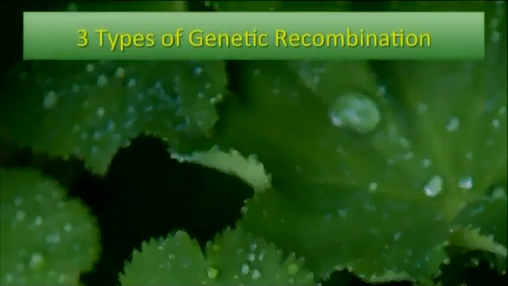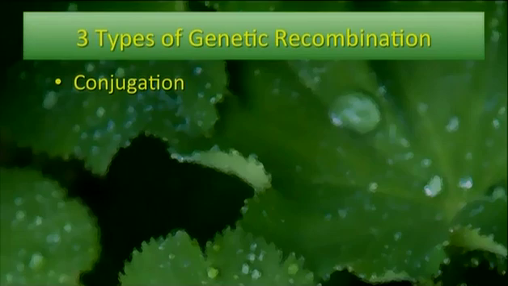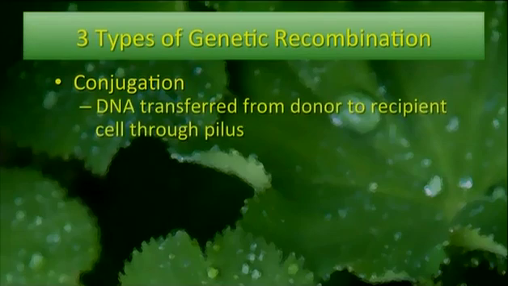Now there are three different types of genetic recombination in bacteria. One of the types is called conjugation. Conjugation refers to DNA being transferred from a donor cell to a recipient cell through a structure known as a pilus.